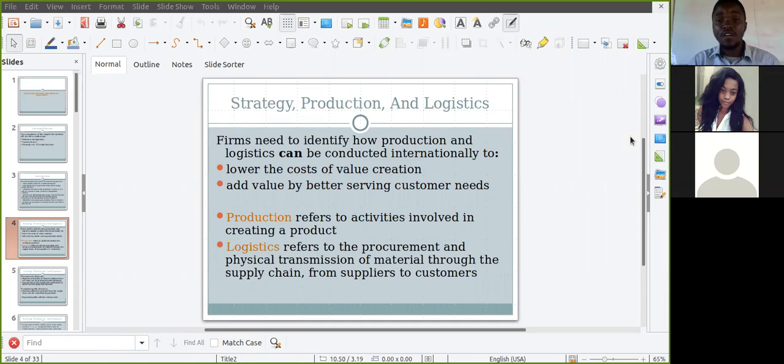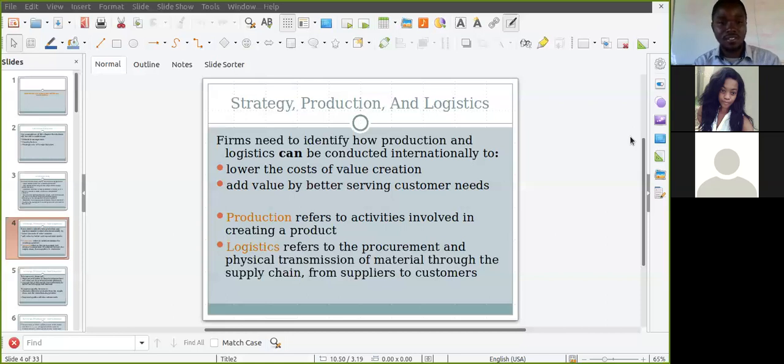Logistics refers to the procurement and physical transmission of materials through the supply chain from suppliers to customers. So if you want to purchase something today, you get your mobile phone, for example, on eBay, you request a purchase, you do all the transactions, and then the process which is going to happen afterwards, the supplying of a product from the supplier until you, the final stage, who is the consumer.